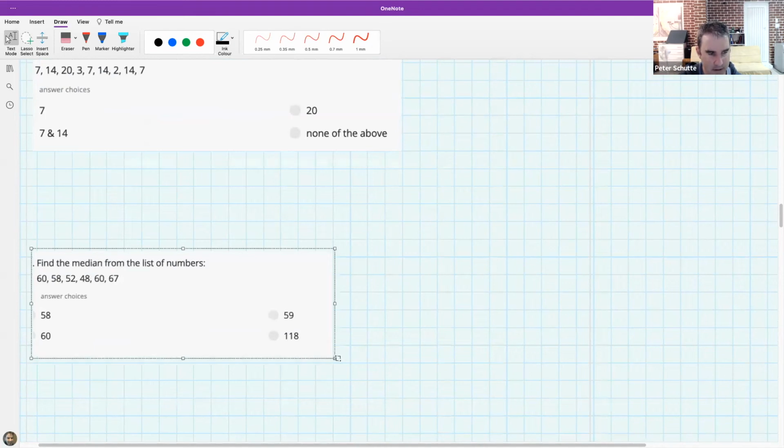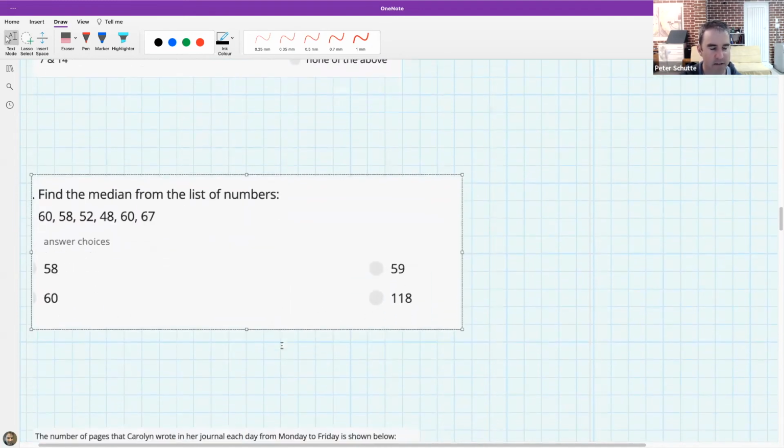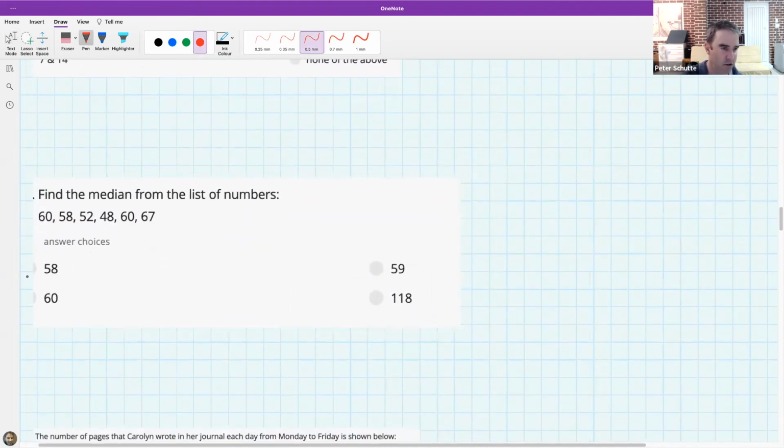Find me the median for this data set. So we've got A, B, C, D. Find me the median for this data set.